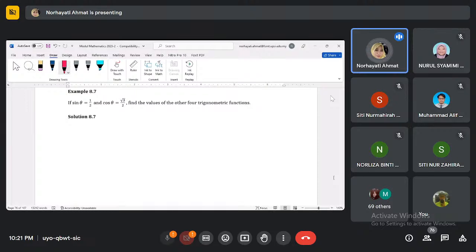Okey, so kita ada example 8.7. Given sin theta equals to 1 over 2 and cos theta equals to square root 3 over 2. Find the values of the other four trigonometric functions. So to answer this, we need to draw the triangle. Kita kena lukis triangle dulu.